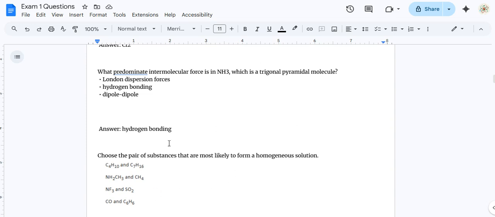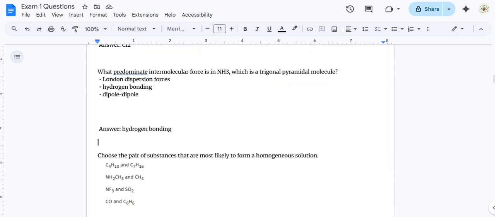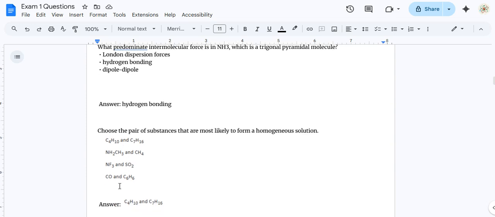So these two are the most similar, and the most similar means they're most likely to form a solution. So this is the answer.